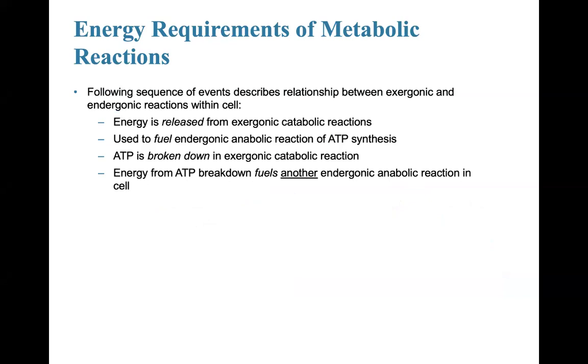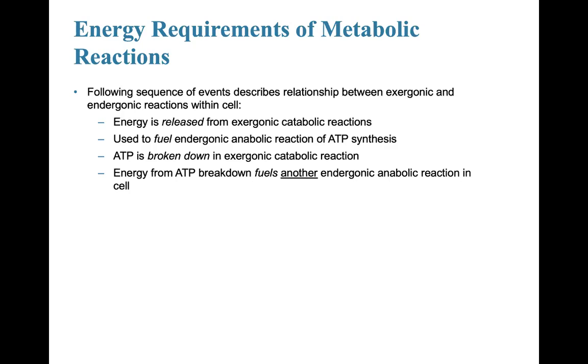So following a series of events that describe the relationship between exergonic and endergonic reactions within a cell, energy is released from exergonic catabolic reactions. It's used to fuel endergonic anabolic reactions of ATP synthesis. ATP then gets broken down in an exergonic catabolic reaction in which the energy from ATP breakdown now fuels another endergonic anabolic reaction.